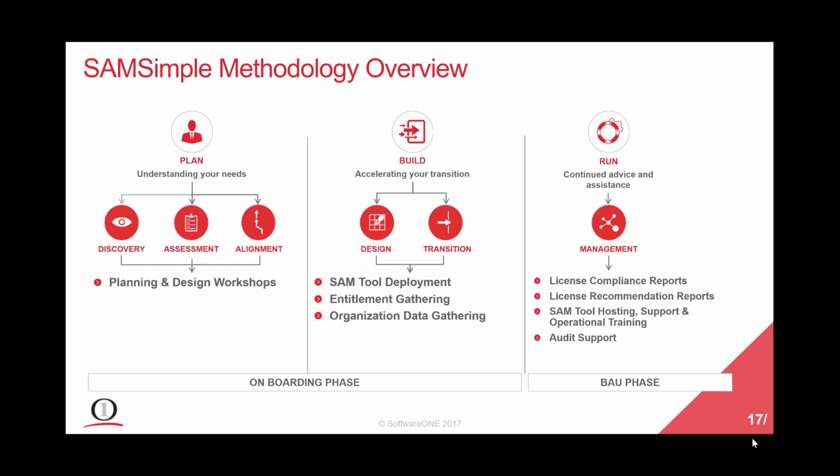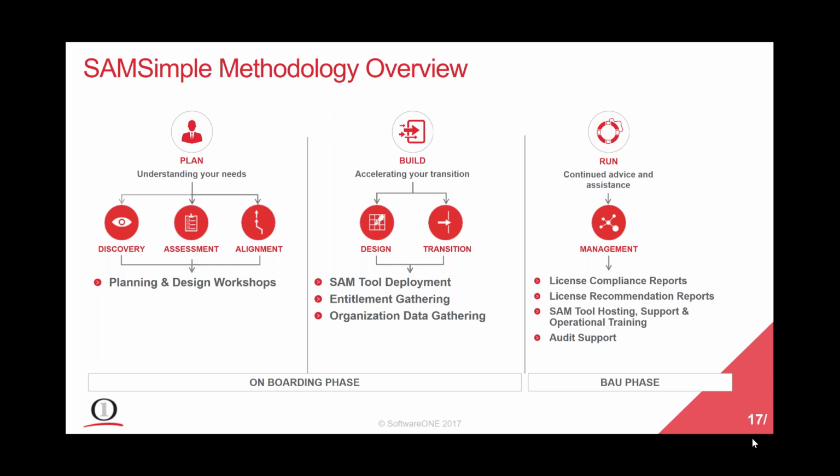So the plan stage is where we work with the customer, we sit down, we run planning and design workshops, and the outcome from that stage is a system design for standing the technology up and also gathering the entitlement information required for the service.